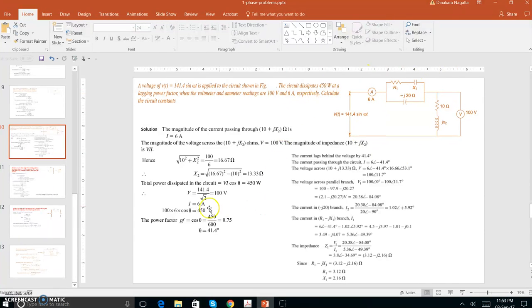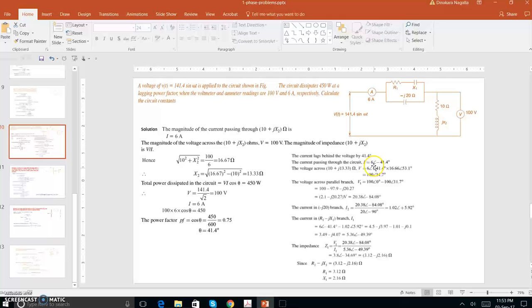So P is VI cos phi, and P by VI, 450 by 100 into 6, gives cos theta as 0.75. From this, theta is cos inverse 0.75, which is 41.4 degrees.